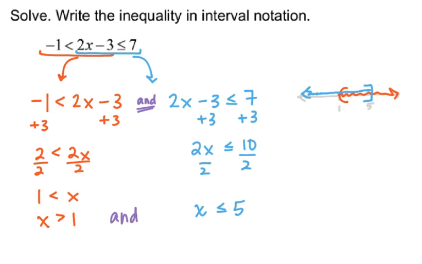So the solution set are the values in the middle where the blue and the red were occurring simultaneously. And that is x is between 1 and 5. We use a parenthesis on 1 and a square bracket on 5.